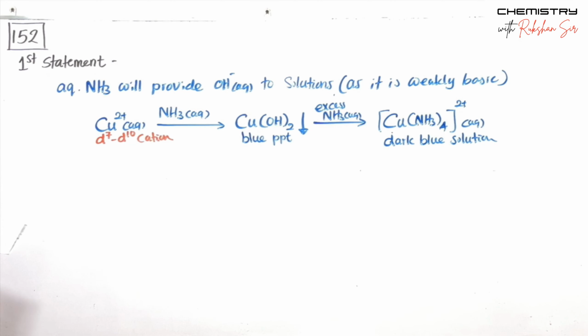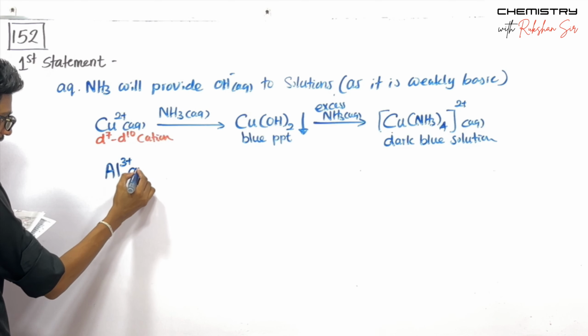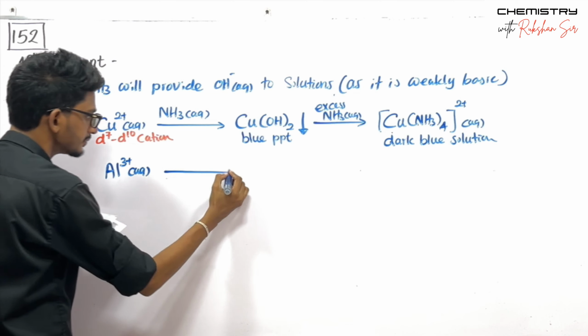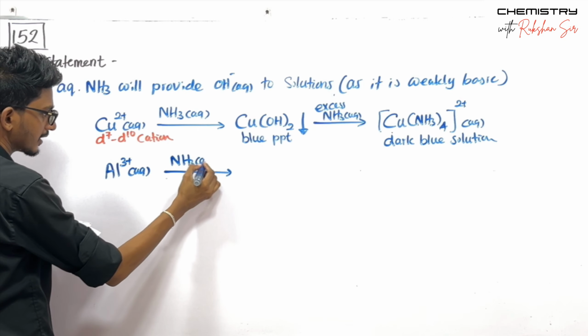When it comes to aluminium 3+, that is our next cation, with ammonia, as ammonia is able to provide OH- in solution, first it will produce the aluminium hydroxide, which is a white precipitate.